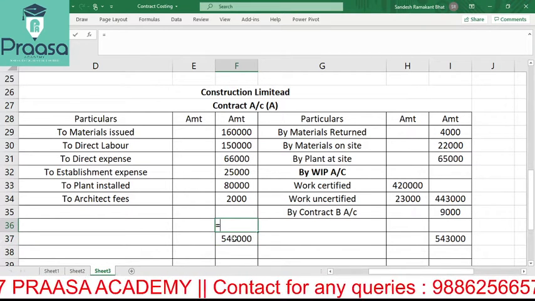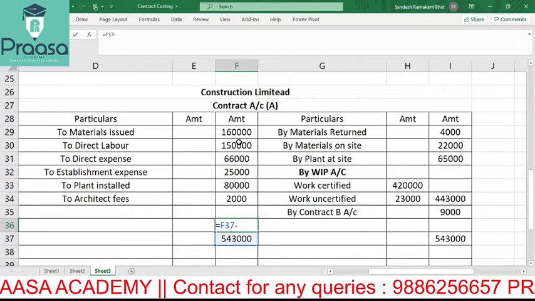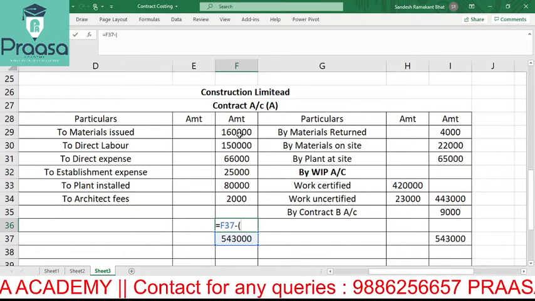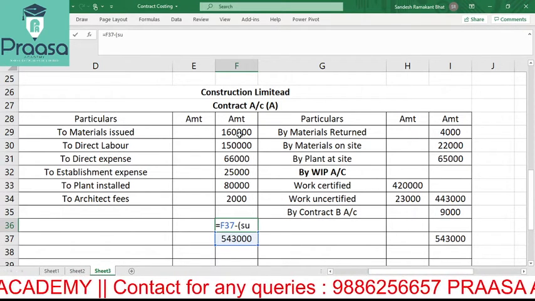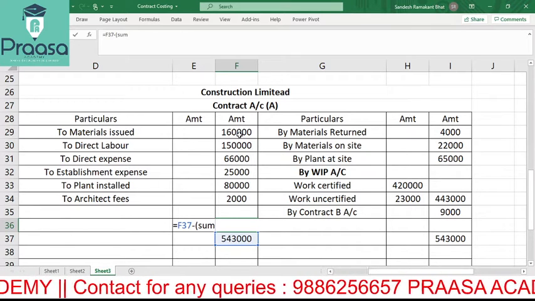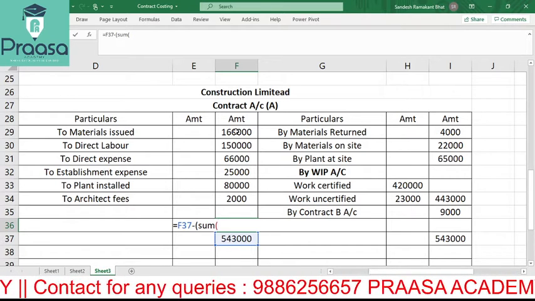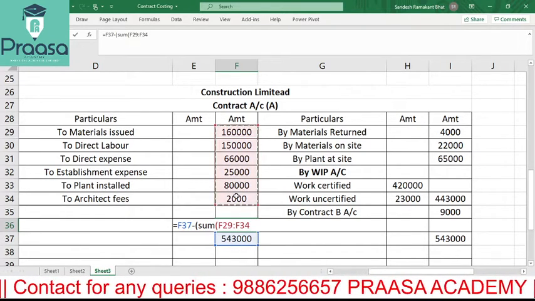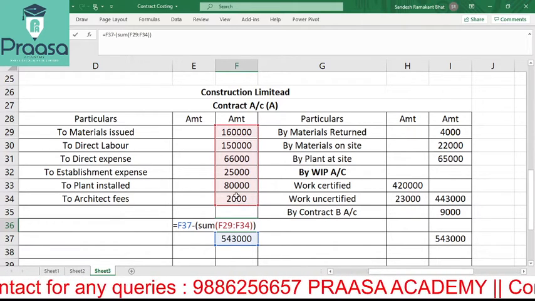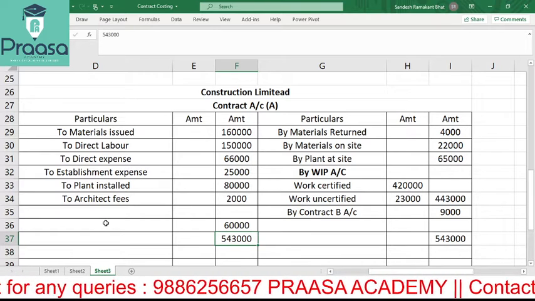So how much will be my notional profit now? Minus, open the bracket, 60,000.